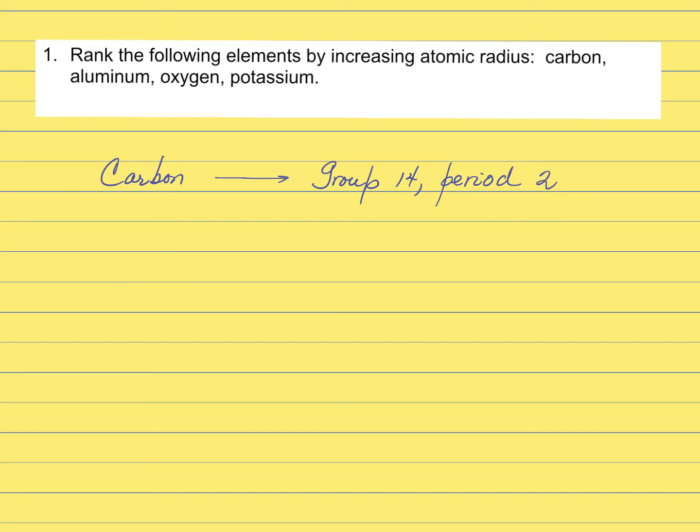Period 2. Okay, then I have over here aluminum, which is in group 13, period 3.